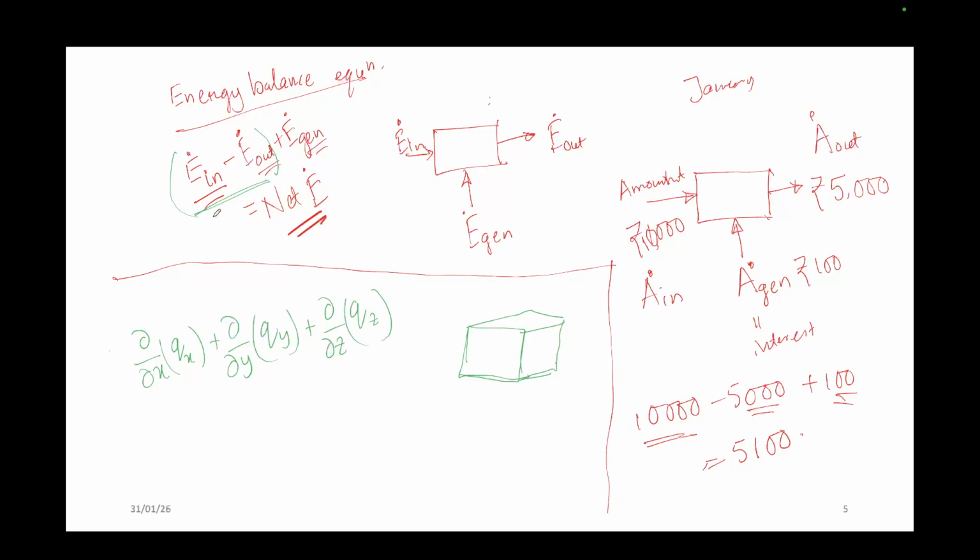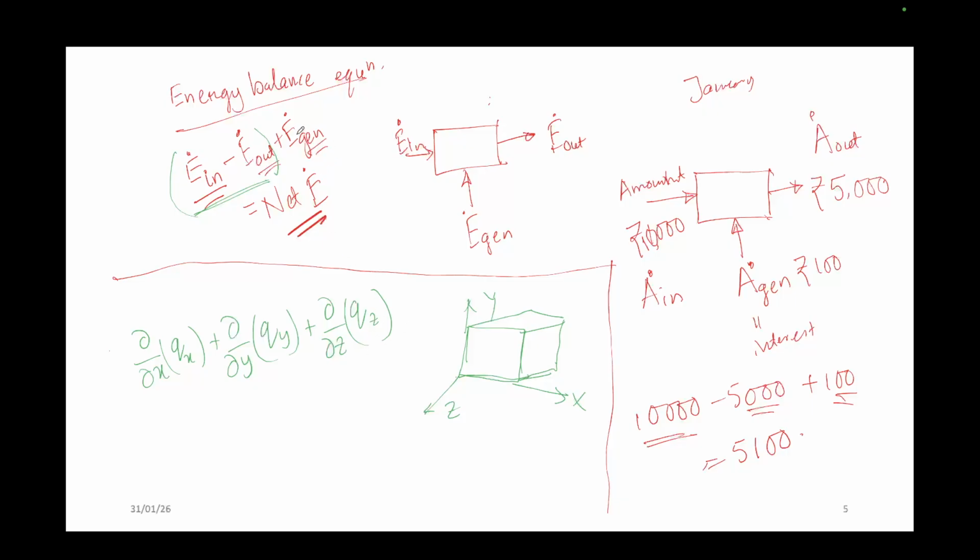This is energy in minus energy out, that means change in energy. Okay, this is your x direction, say this is your y direction and this is your z direction.